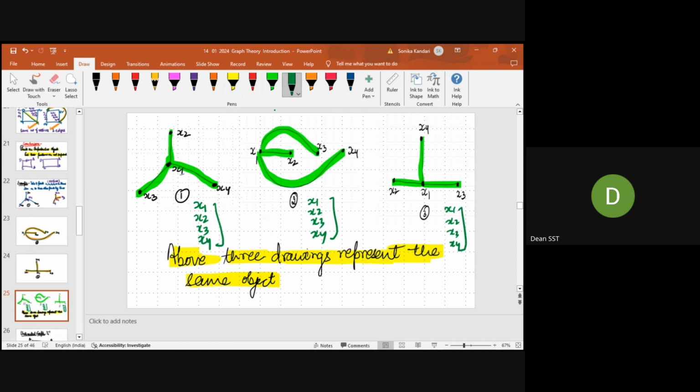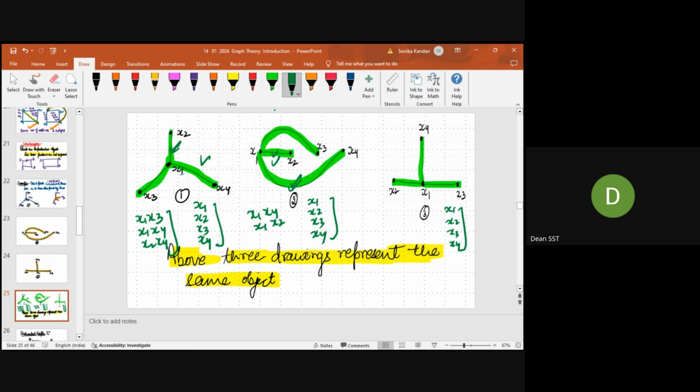Edges are x1, x3. x1, x4. Then x2, x4. In the second diagram, see the edges x1, x4. Then x1, x2.